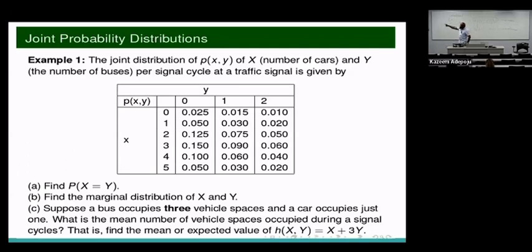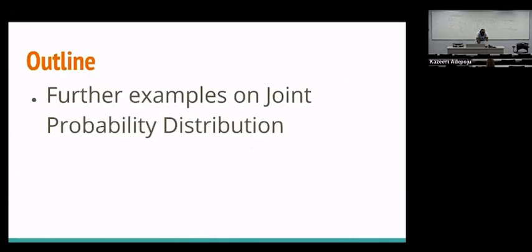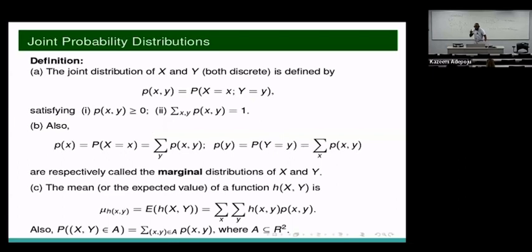Now, what is the mean number of vehicle spaces occupied? Oh my God, the mean number of that spaces occupied. That is basically going to be a linear combination, okay, which is going to be x plus 3y. This is the h of x, y that I was talking about the other time. I said that is not a probability function.